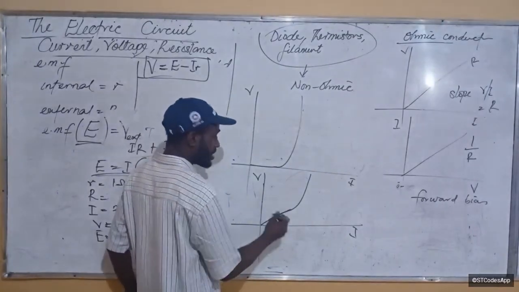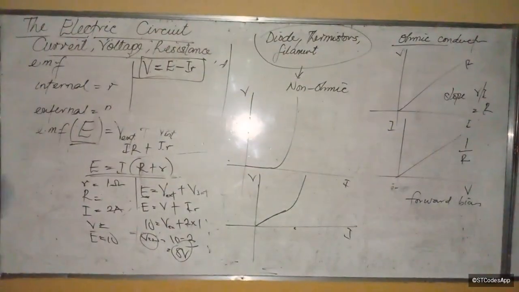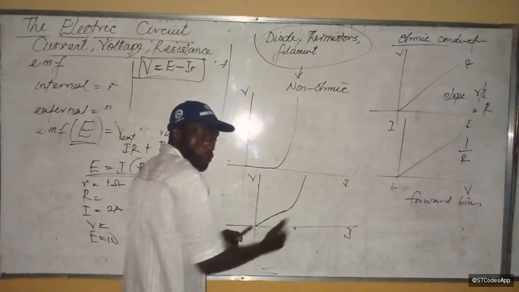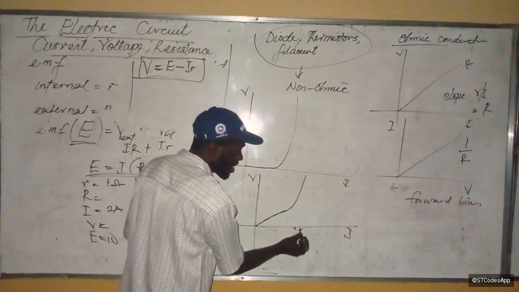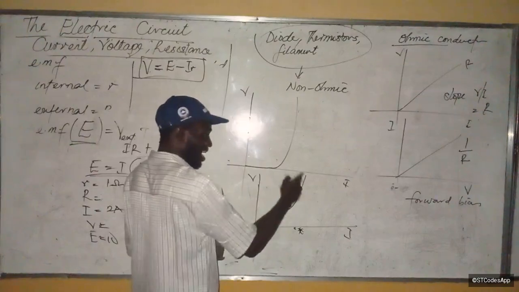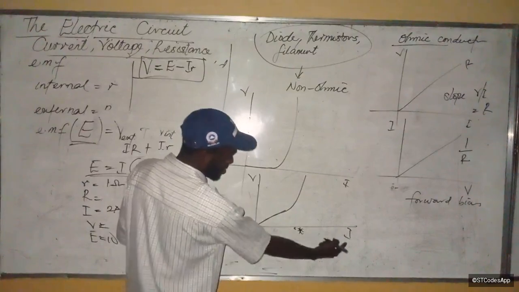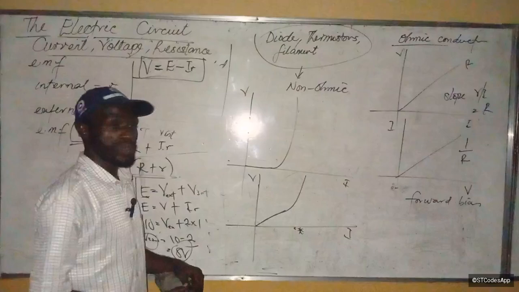By that time, it will not supply the needed amount of current. It will not supply more and more current, but it will be using up a lot of energy, even with the relatively low current that is supplied. So this is a non-ohmic conductor.